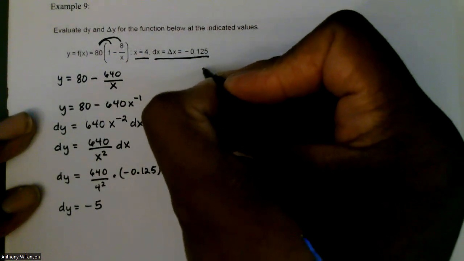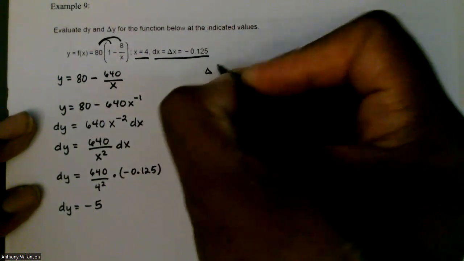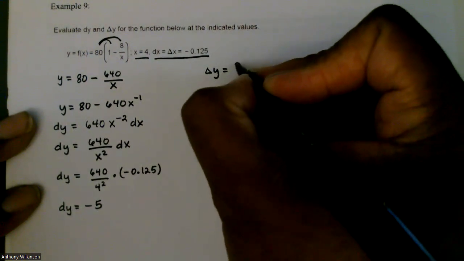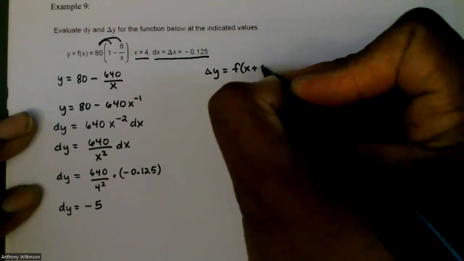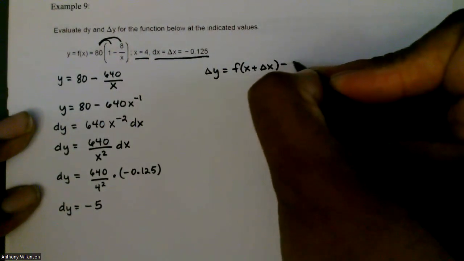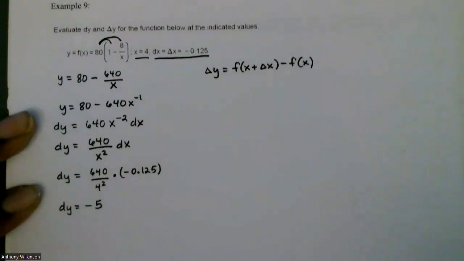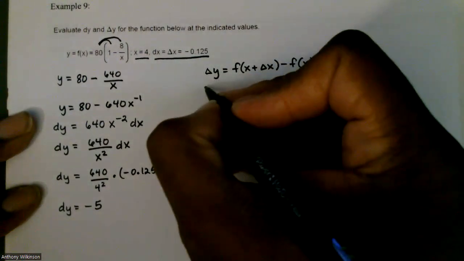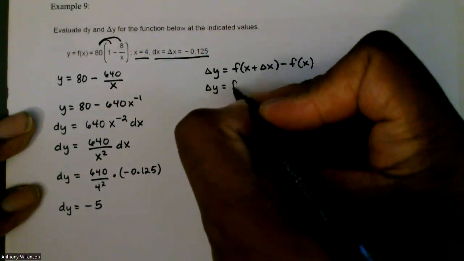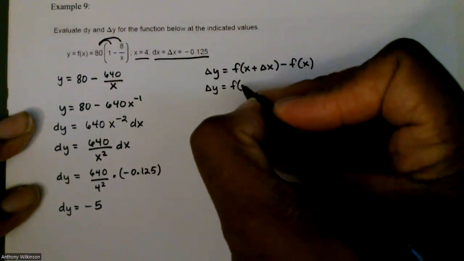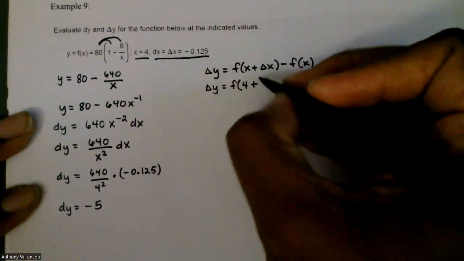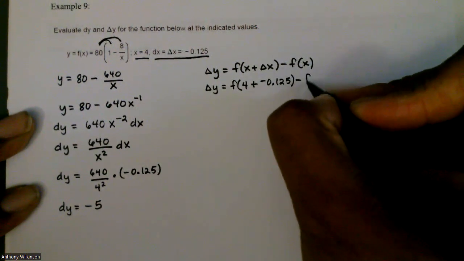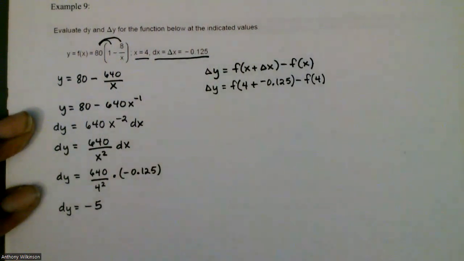And now let's find out what delta y is going to be. That's the change in y. And of course, delta y is always going to be f of x plus delta x minus f of x. So in this case here, delta y is equal to f of, my x is 4, so f of 4 plus the change in x, which was negative 0.125, minus f of x, which is 4.